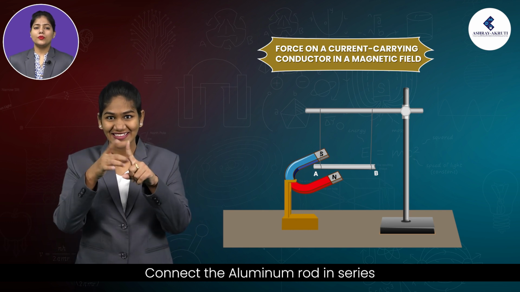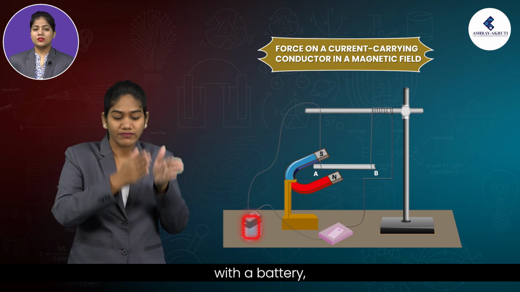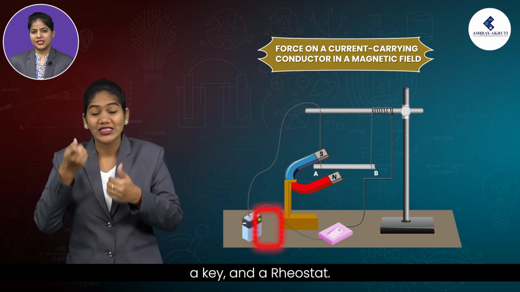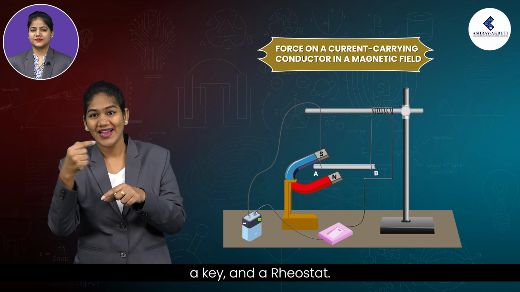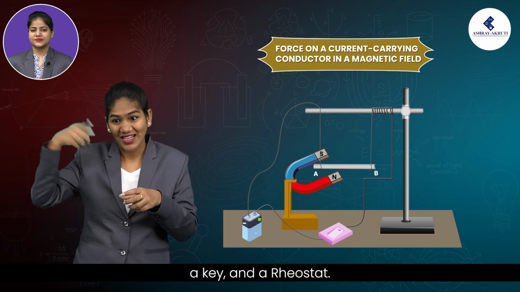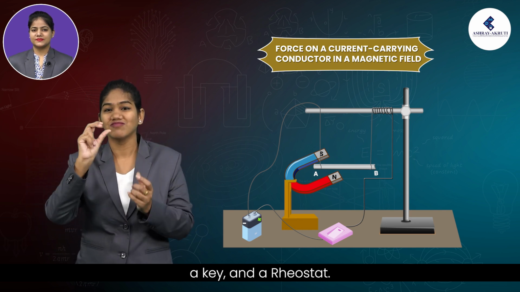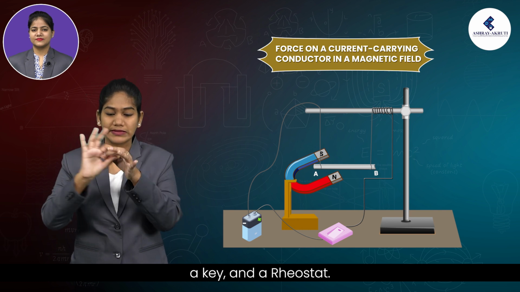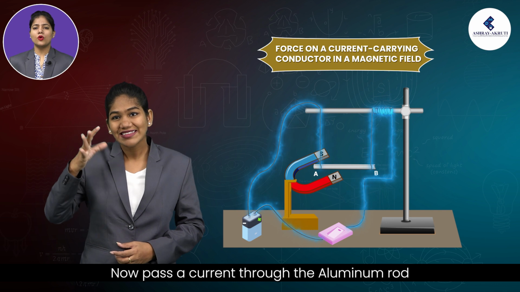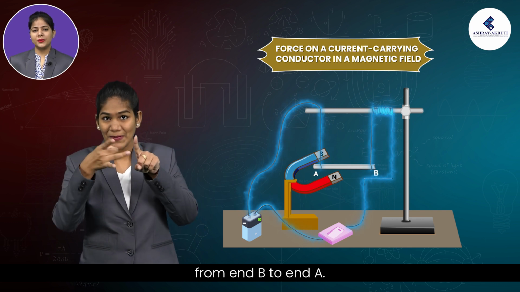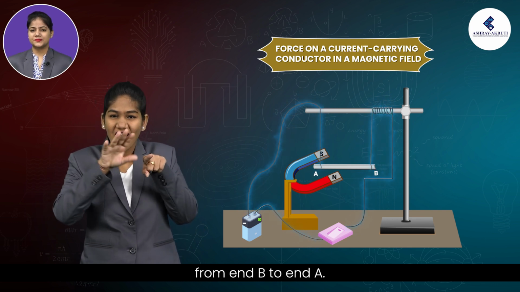Connect the aluminium rod in series with a battery, a key and a rheostat. Now pass a current through the aluminium rod from end B to end A.